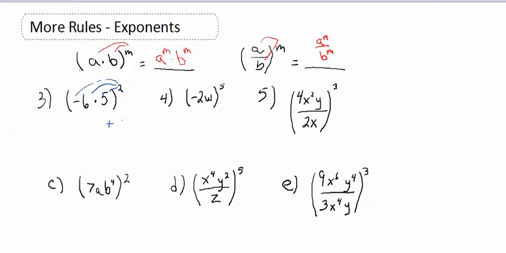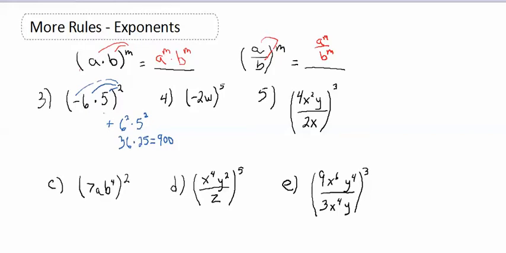Okay, the next part is going to be 6 to the second power times 5 to the second power. So 6 times 6 is 36, times 5 times 5 is 25. And if you go through that, you can multiply it to get the answer of positive 900.